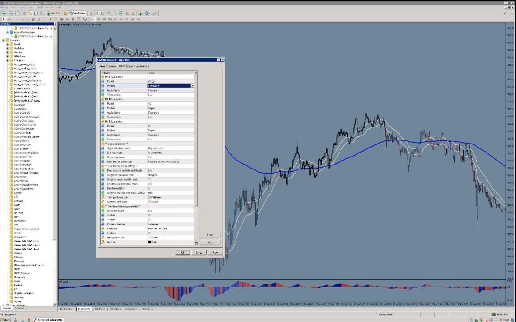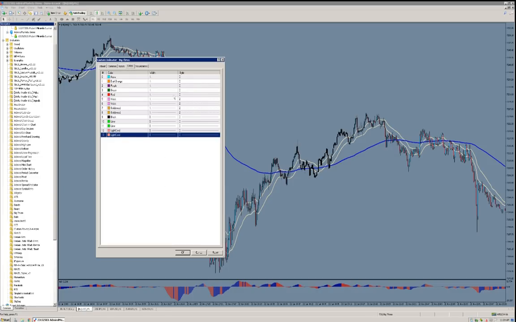So I've got a 21 period exponential, applied to the high price, and the next one is also 21 exponential, low price, and then here I'll do the 144 exponential, and then make these a bit bigger.